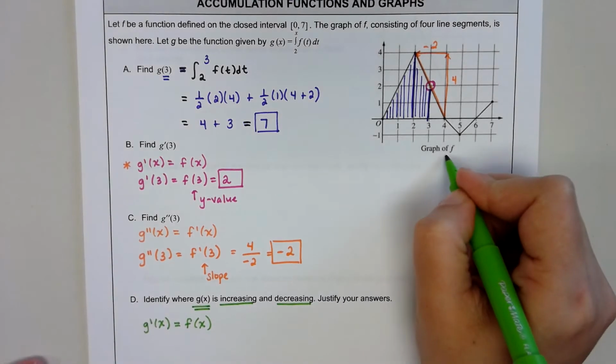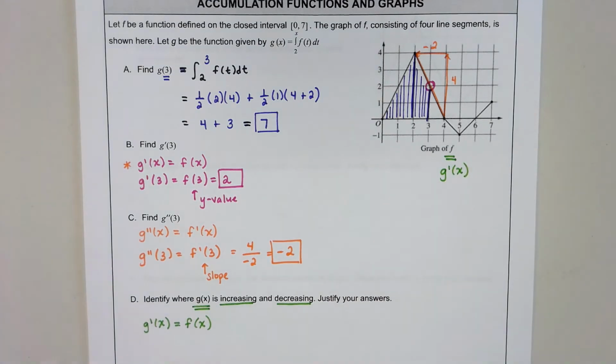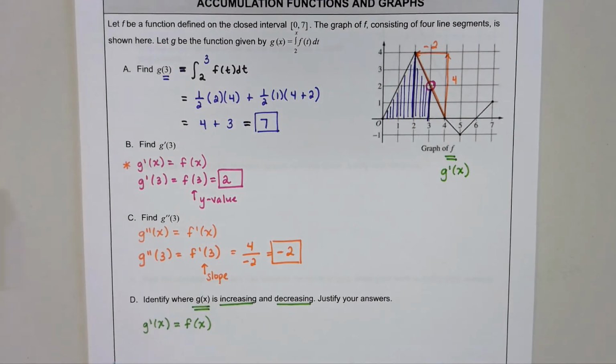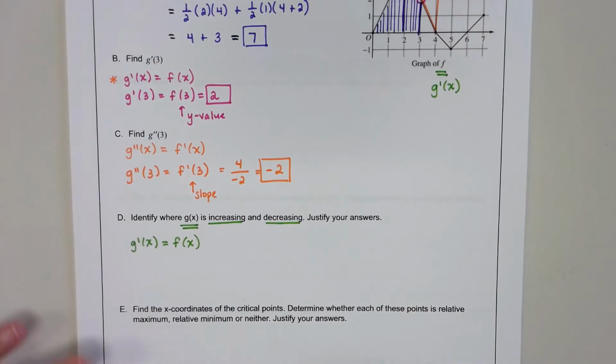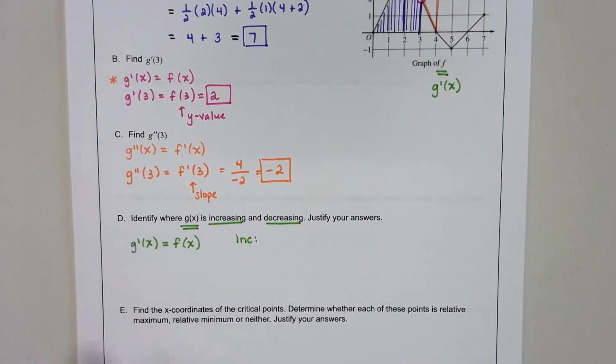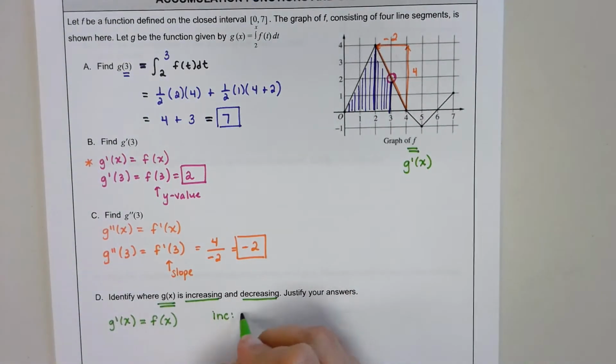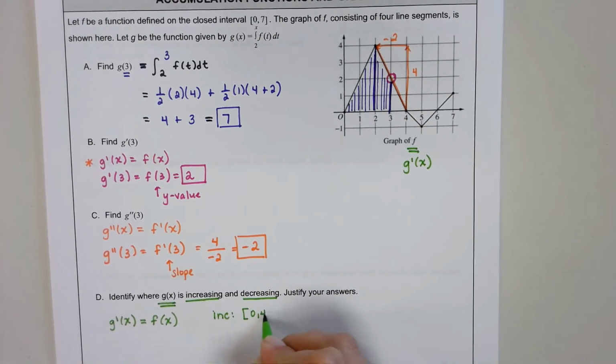In other words, this graph of f is really the derivative graph of g. If we're looking at the derivative graph, then we can figure out where we're increasing by looking for where this graph is above the x-axis, which would be from 0 to 4 and from 6 to 7.